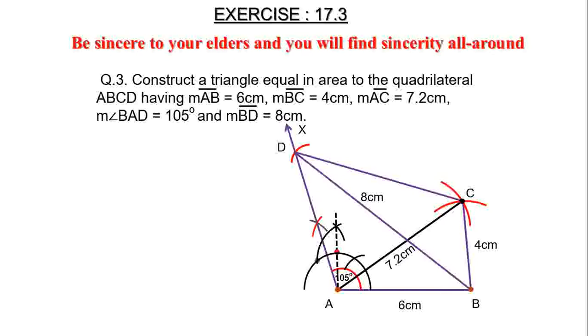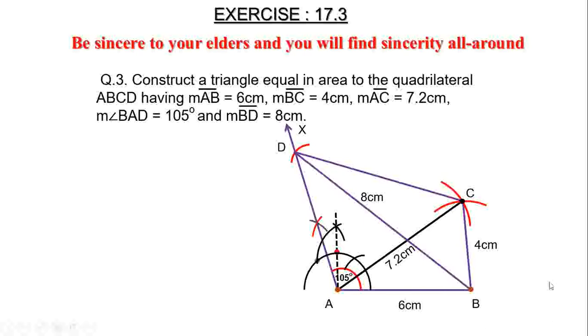The statement once again to consider: construct a triangle equal in area to the quadrilateral ABCD. We have first drawn quadrilateral ABCD. On the basis of this quadrilateral, we are going to draw a triangle equal in area to this quadrilateral. Now, consider two different statements.